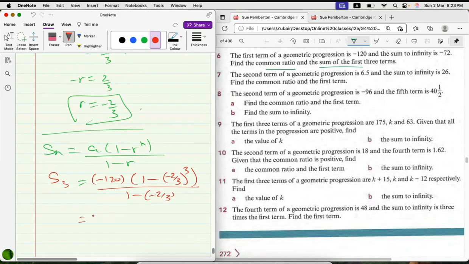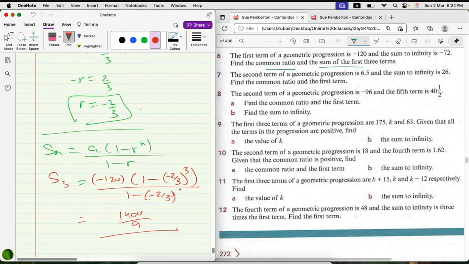So minus 2 by 3 cubed is minus 8 by 27, into minus 1 plus 1 is 35 by 27, into 120, is 1400 over 9.